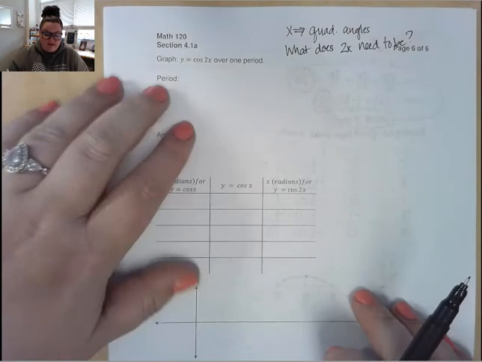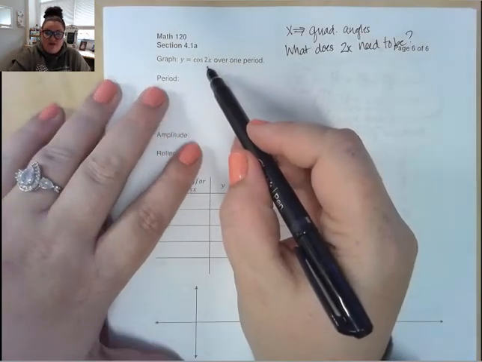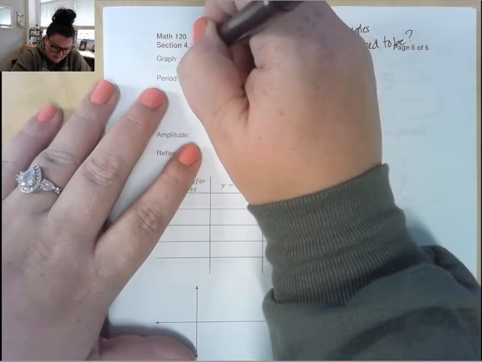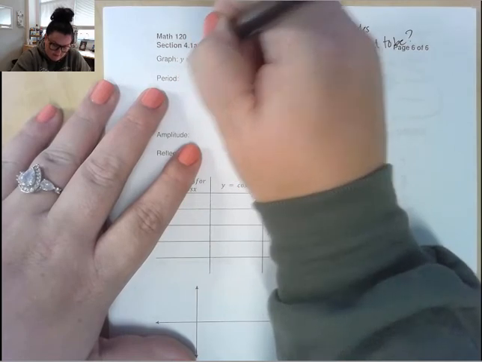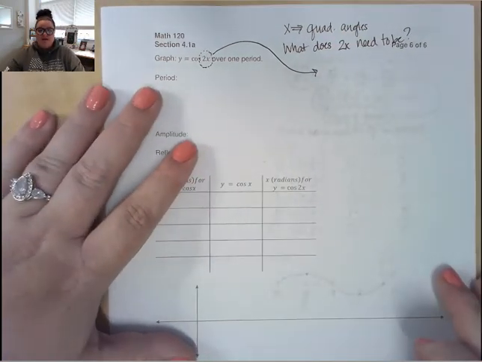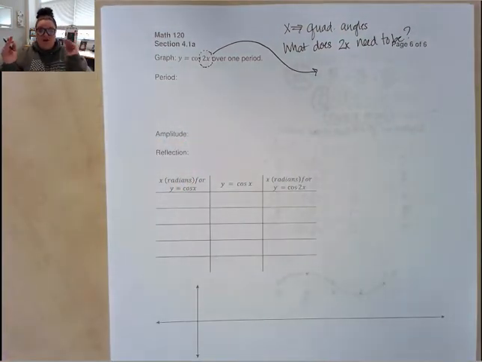So what I'm going to do is figure out what that adjustment is. I'm going to take this 2x, whatever is inside my cosine, and I'm going to put it between the start and end values of the period that I know a pretty cosine curve uses. So we know that that period goes from 0 to 2 pi.